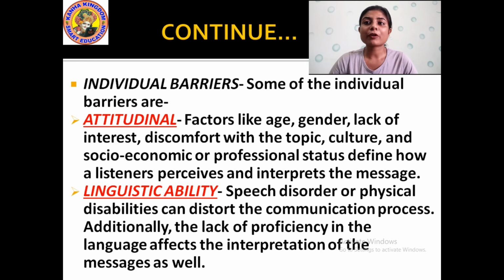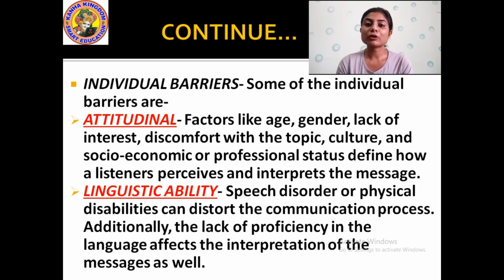Additionally, the lack of proficiency in the language affects the interpretation of the message as well. An example I have already given you: suppose I know only one particular language and you are sending the message in some other language. I will not be able to interpret it in the way which you are sending me.